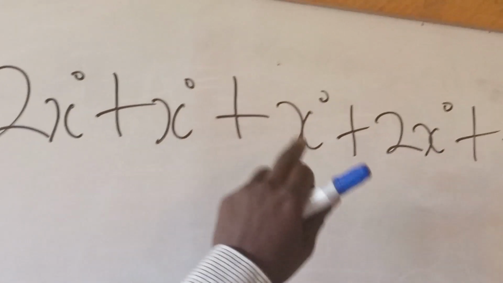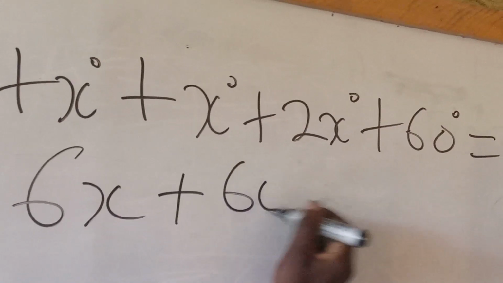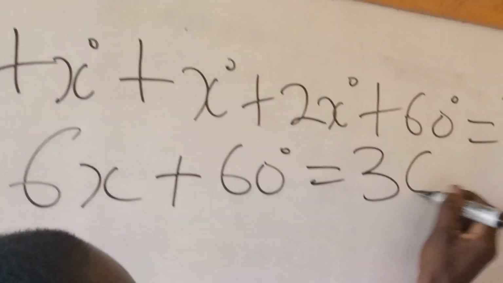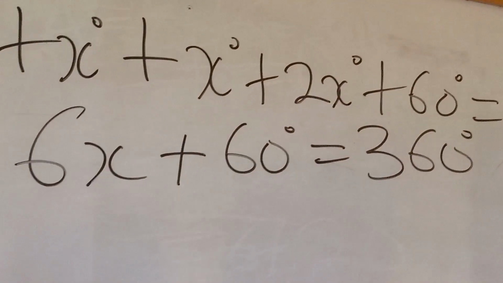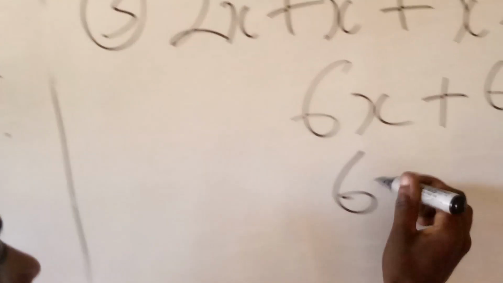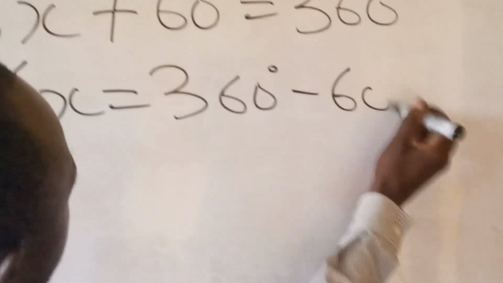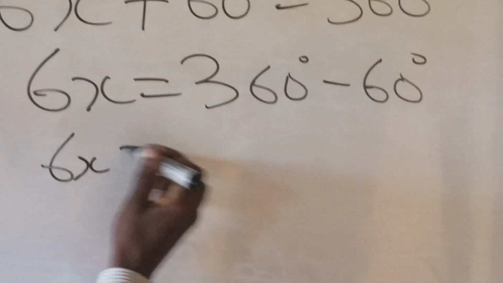This plus this plus this plus this is 6x plus 60 equal to 360. Once we have something like this, we group like terms. So it becomes 6x is equal to 360 minus 60, and this is 300.